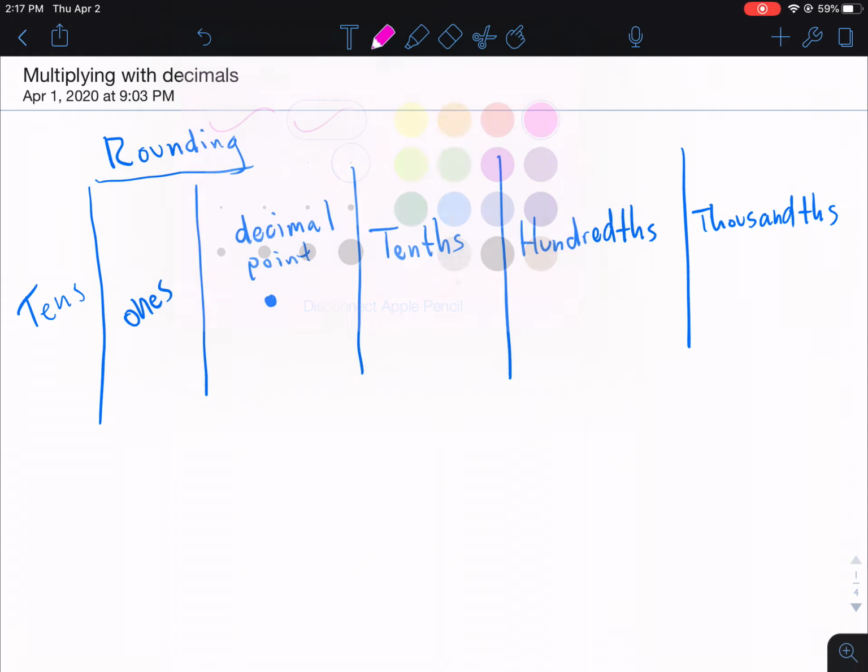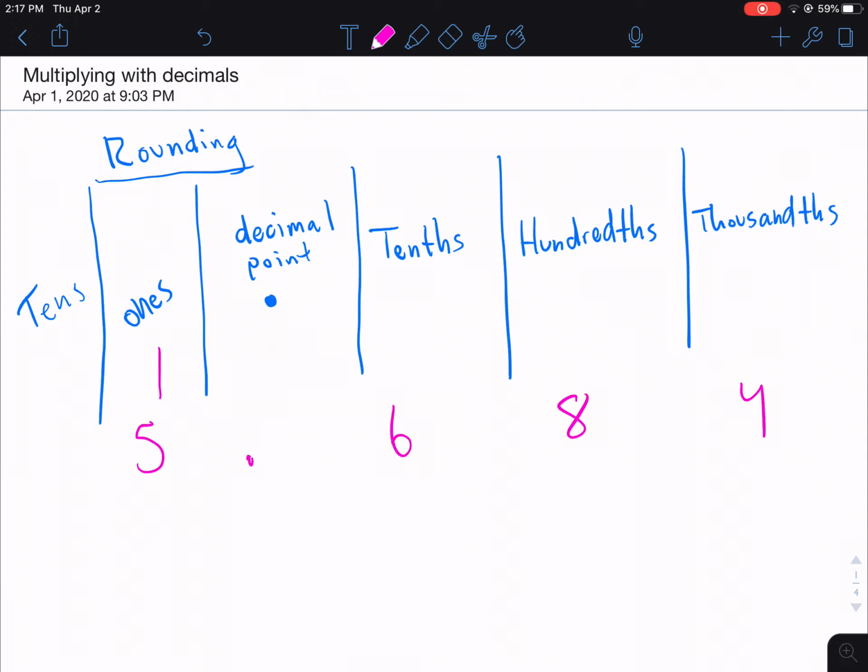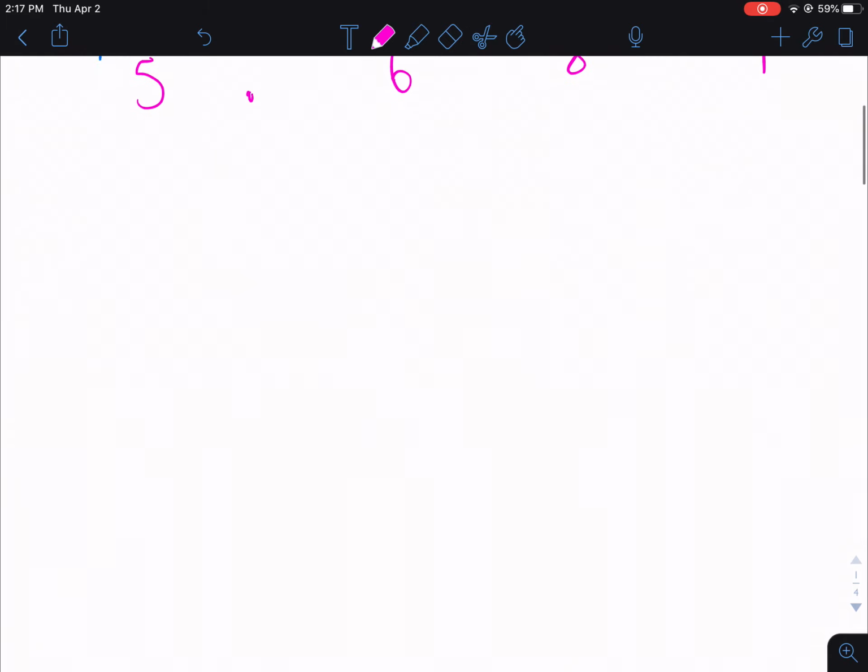Here's an example if you forgot already. 5.684. This is the ones, this is the tenths, this is the hundredths, and this is the thousandths. You have to use this chart to do rounding. Let's do an example. 6.64.